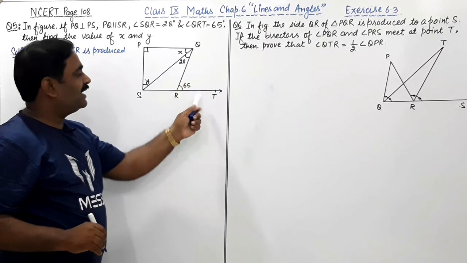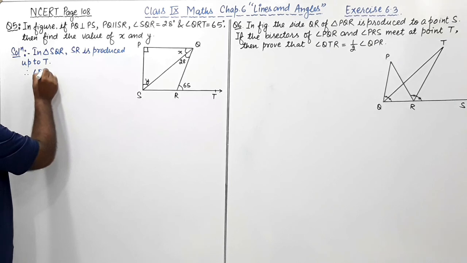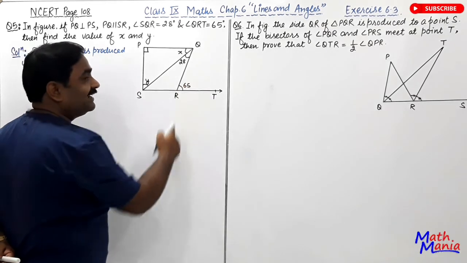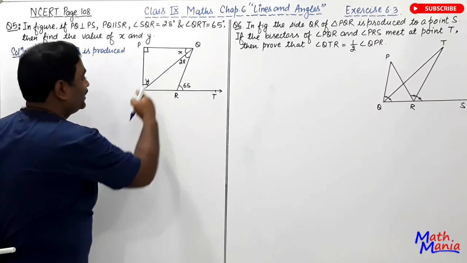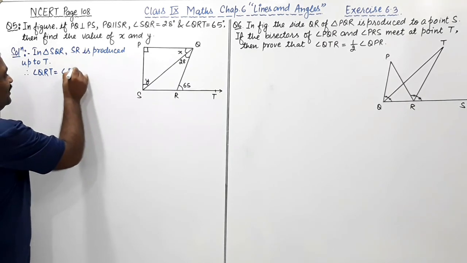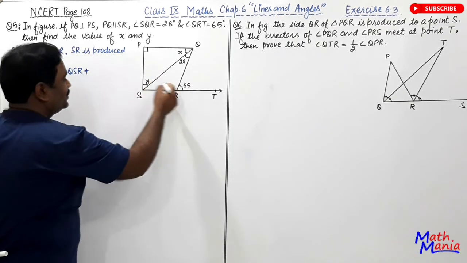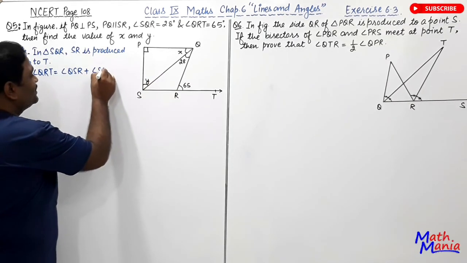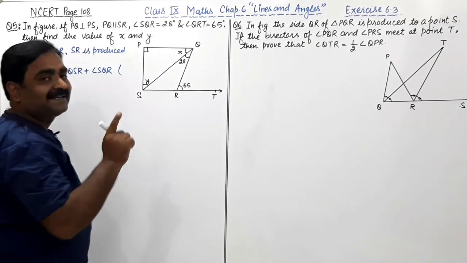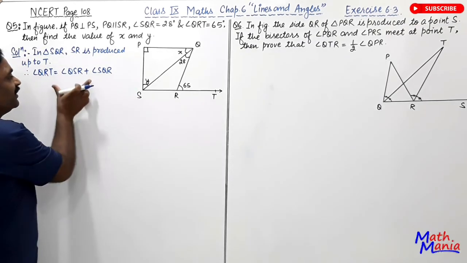So angle QRT equals the sum of the two opposite interior angles, by the exterior angle property: angle QSR plus angle SQR. Reason, students? Exterior angle property. By this exterior angle property we have written this.